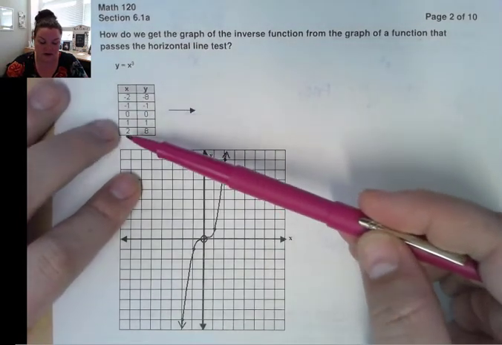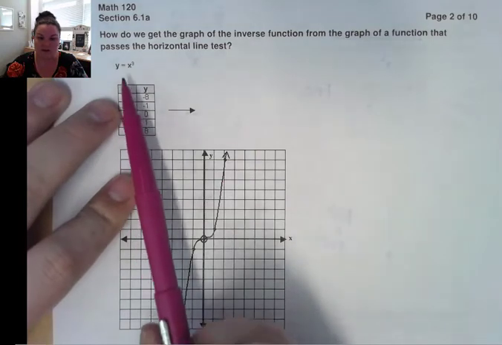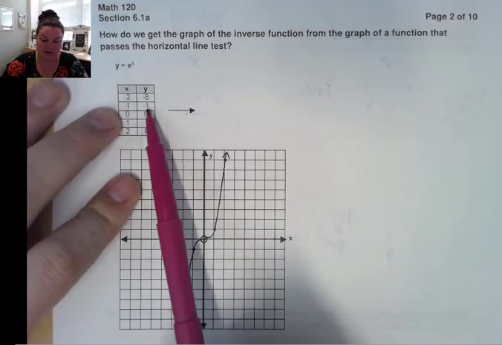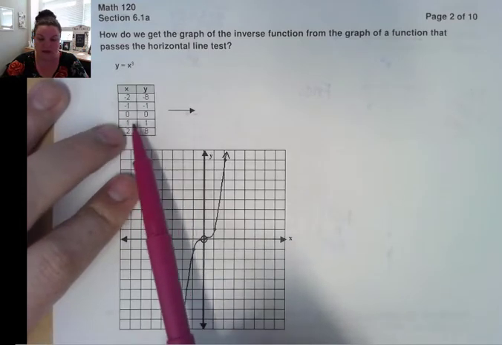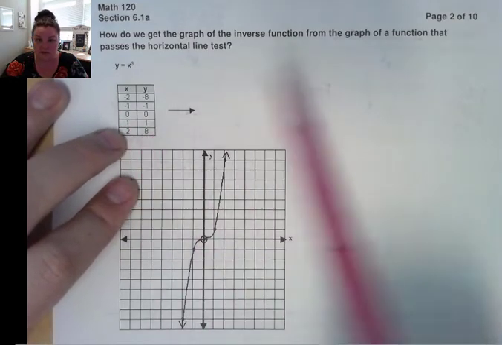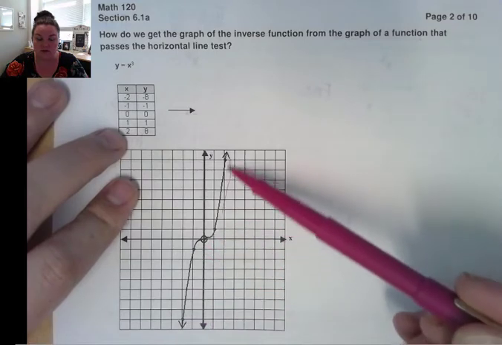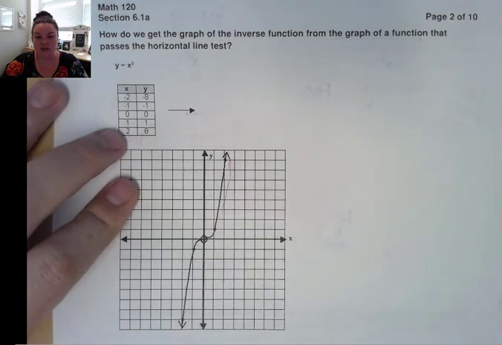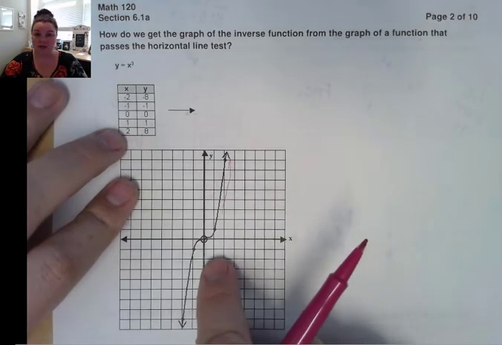And here we have a list of ordered pairs, right? So if I take -2 and I cube it, I get -8. If I do -1 and I cube it, I get -1. 0 cubed is 0, 1 cubed is 1, and 2 cubed is 8. So these are the points that are graphed on here to show you the shape of this function, right?